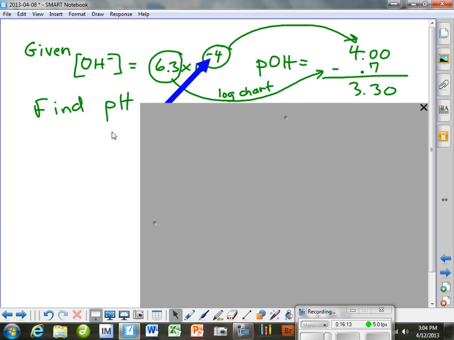This is always our first number, always a number that's going to be bigger than 1, right? So that's your 4-0. 6.3 on our estimator gave us a 0.7. When we subtract it out, there's our pH, not our POH.